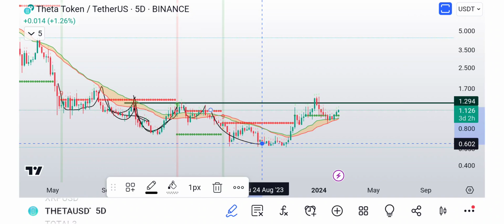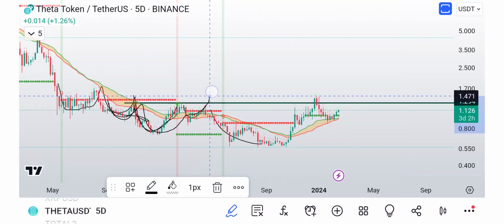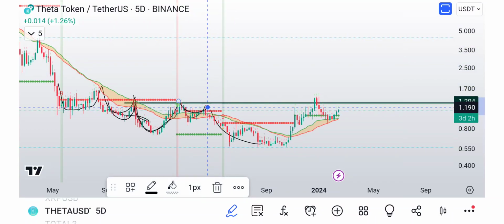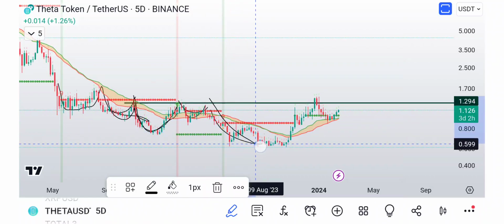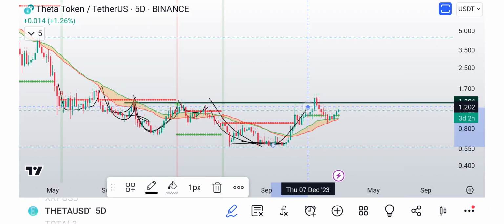We couldn't do it. And that actually looked like an inverse head and shoulders right there, which you would have thought could break out, but it couldn't do it, right? So what happened? We came all the way down. We found a bottom in here. Then we come back up and we hit the line again, and we still couldn't break out.